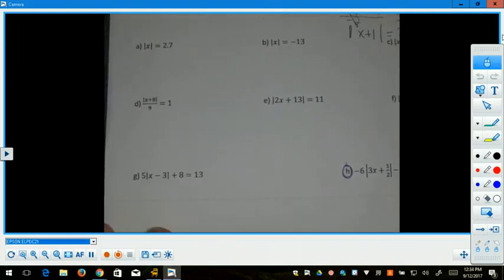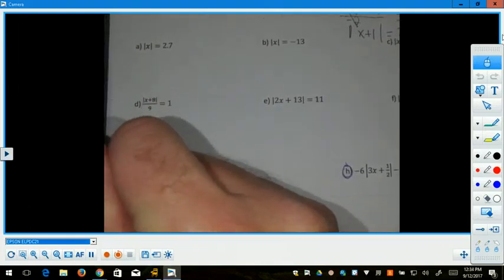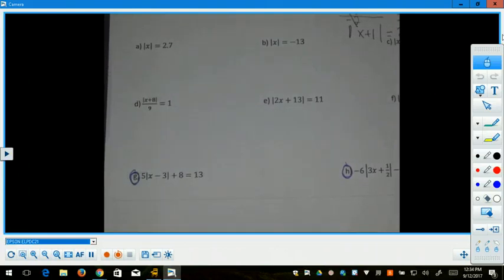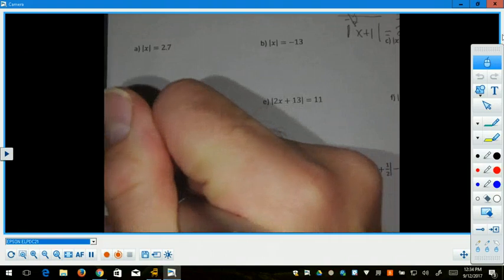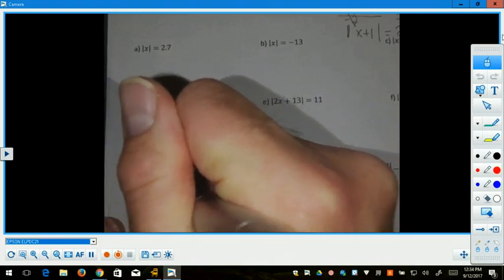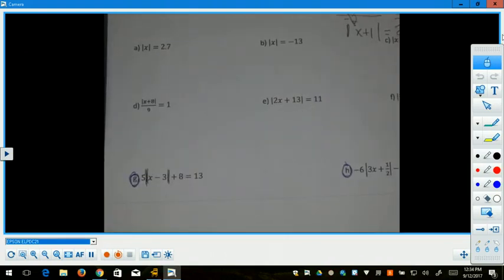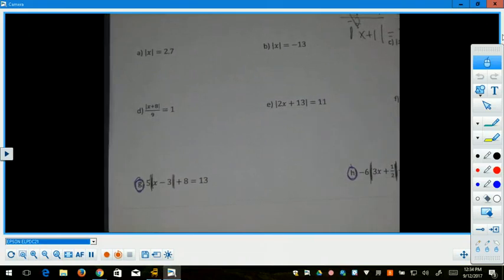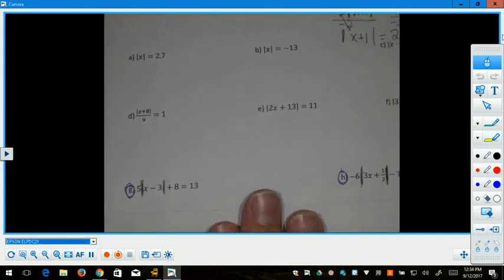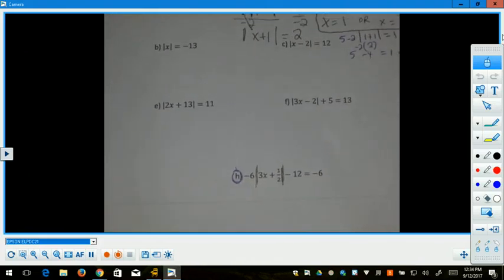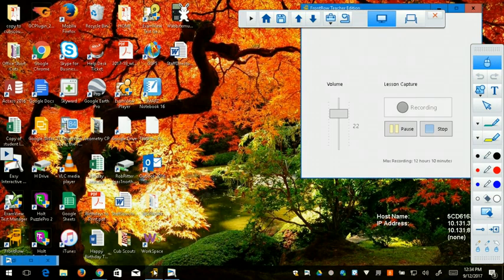After you try letter H, or give it at least your best attempt, then do letter G. And just one quick reminder, what operation is between the number and the absolute value if you don't see a sign between them? Multiplication. Good to remember. So try letter H first.